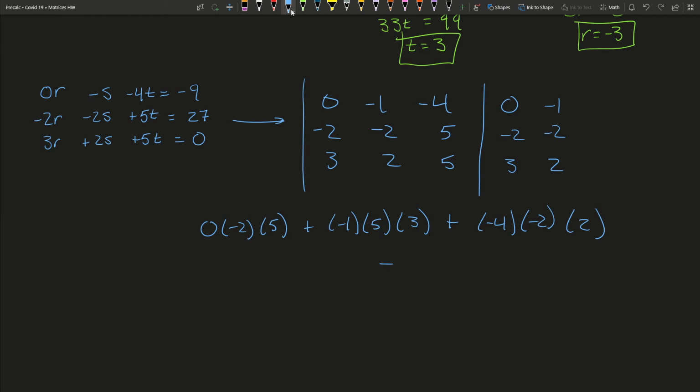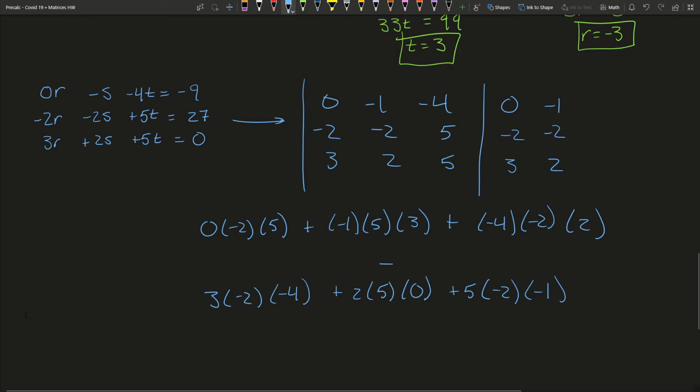And then our bottom part would be 3 times -2 times -4, plus 2 times 5 times 0, plus 5 times -2 times -1. Are there questions about that process before we actually get a number?